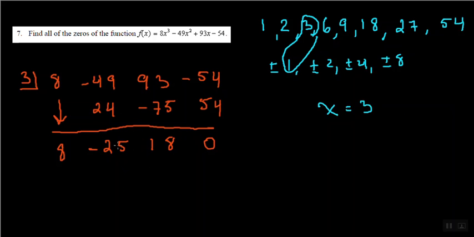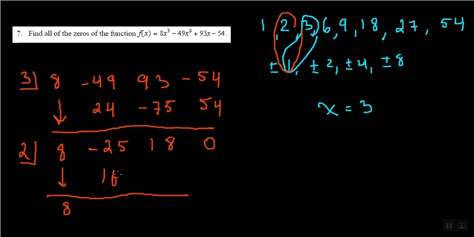So from here, you can actually factor this and do it yourself, but you could still do more synthetic division and solve it that way. And that's what I'm going to do here. So we have this, and let's use 2 and 1. Let's keep this simple again. So 2, bring down the 8. 2 times 8 is 16. 16 minus 25 is going to be negative 9.